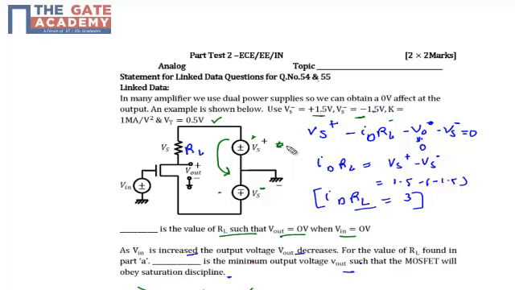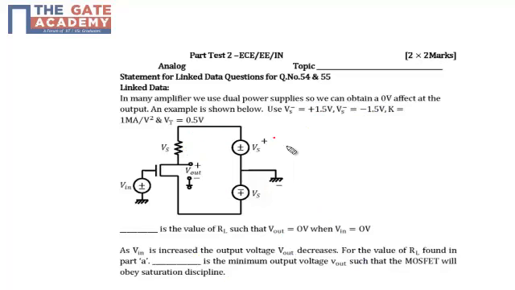We need to find the minimum output voltage required such that my transistor remains in the saturation region. In other words, I want to establish a condition on the output V naught such that my transistor always works in saturation. In the first problem, we have calculated the value of RL as 6K.